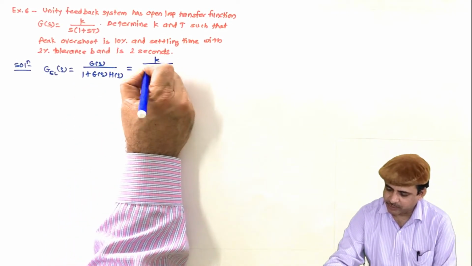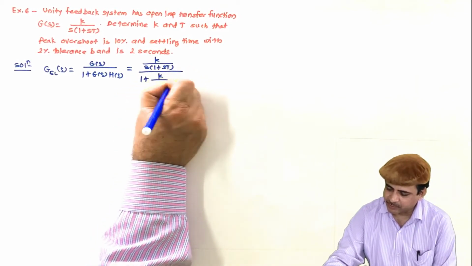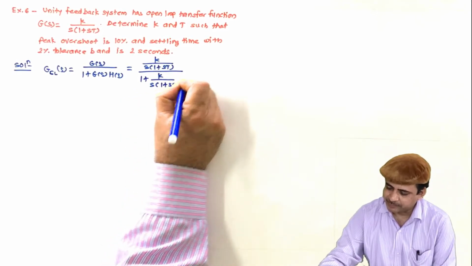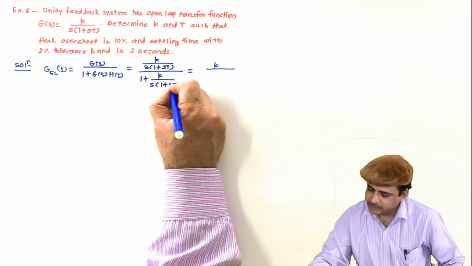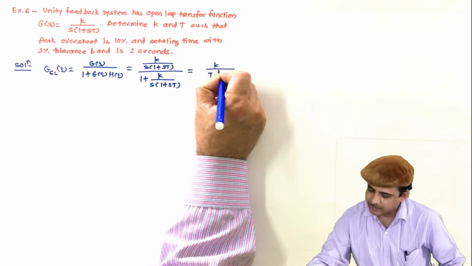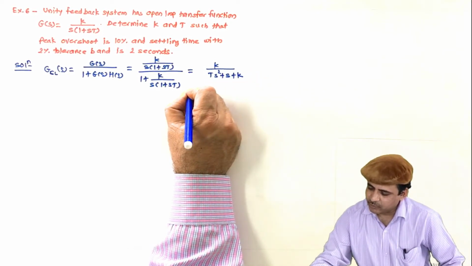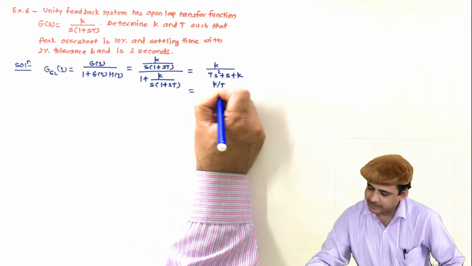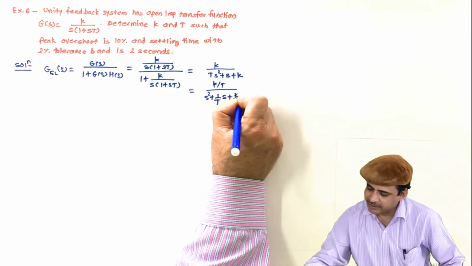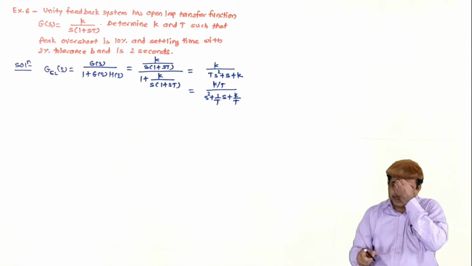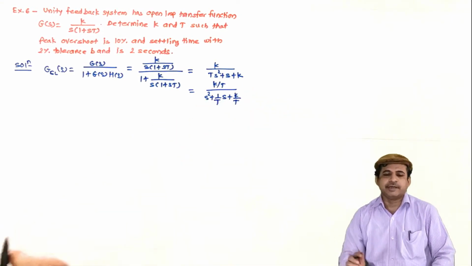So it is nothing but k upon s into 1 plus sT, upon 1 plus k upon s into 1 plus sT. And that will be equal to k upon T s square plus s plus k, which can also be written as k by T upon s square plus 1 by T s plus k by T. That gives me omega n square equal to k by T, and 2 zeta omega n equal to 1 by T.